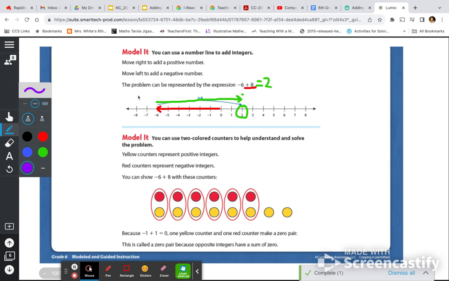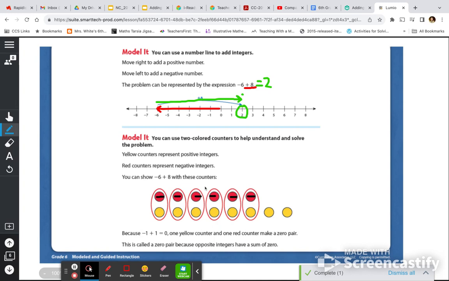You can also look at using counters with this. So we've used counters before. First counters are our negatives. So what I'm going to do, I'm actually going to put a negative in each of those red counters. So -1, -2, -3, -4, -5, -6. Okay.